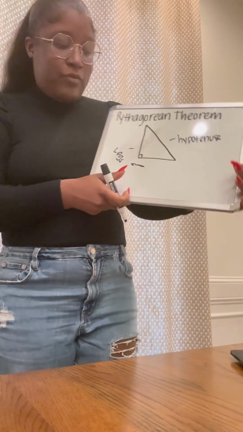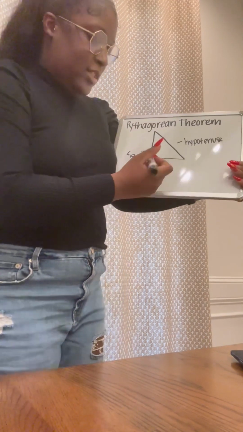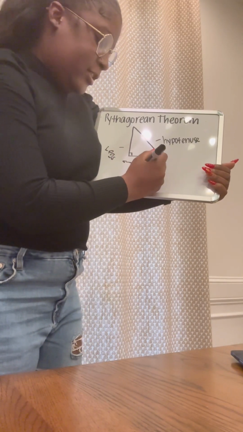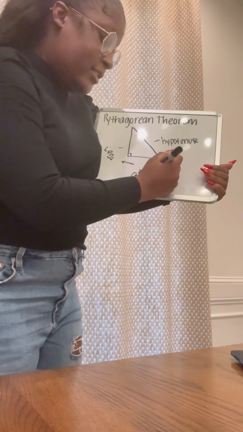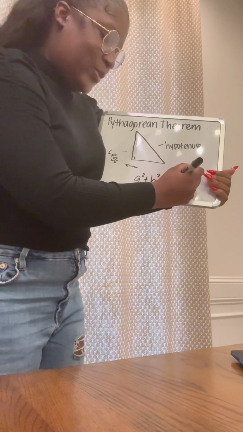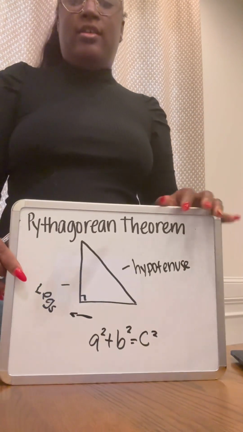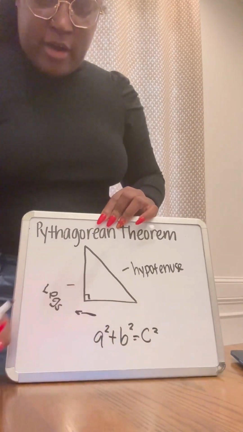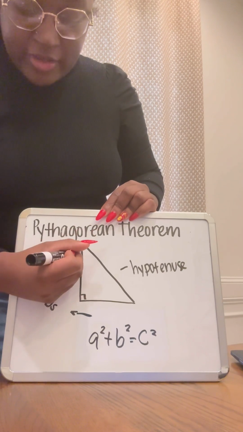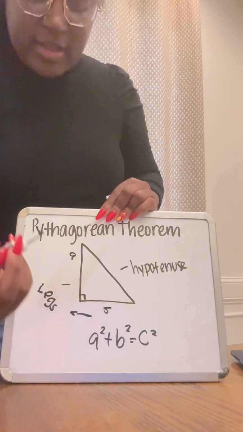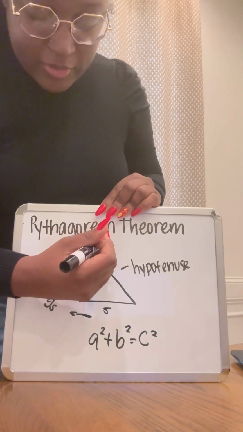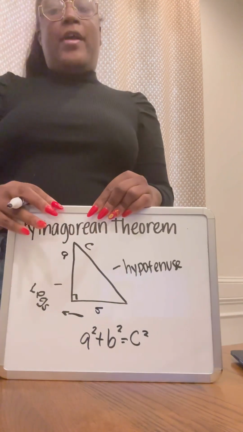So I'm going to write the formula down, and the formula is going to be a squared plus b squared is equal to c squared. Okay, so this is the formula for the Pythagorean theorem. The a and b are going to be your legs, and the c is going to be your hypotenuse, okay?